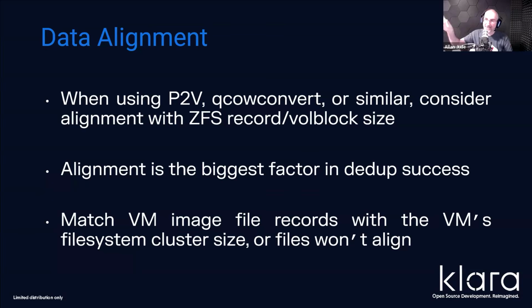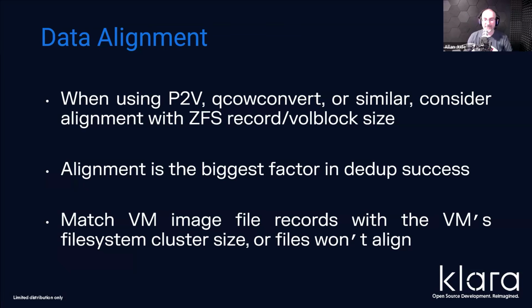That means tuning the file system inside the VM and the VM image itself to make all that stuff line up. As we talked about, if you don't, you can end up causing a lot more I/O than you need, but also if the file starts at different offsets, dedupe's not going to see it as the same, and you're not going to get all the advantages.